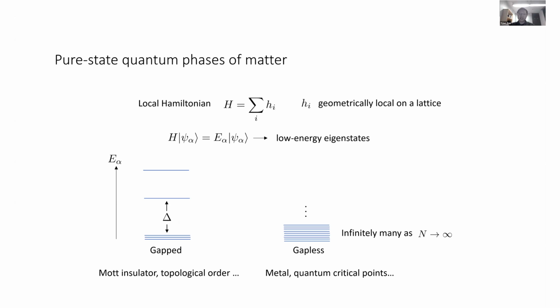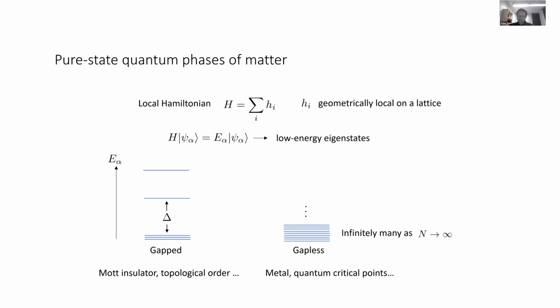A local Hamiltonian can be very complicated, but if you want to classify it, you can broadly classify them into the so-called gapped phase and gapless phase, and they are distinguished by the low energy spectrum of this Hamiltonian. You just diagonalize the Hamiltonian and you get the low energy spectrum from low to high. For a gapped system, you could have very close degenerate states, and then there's a finite gap delta, where you reach the next energy level.